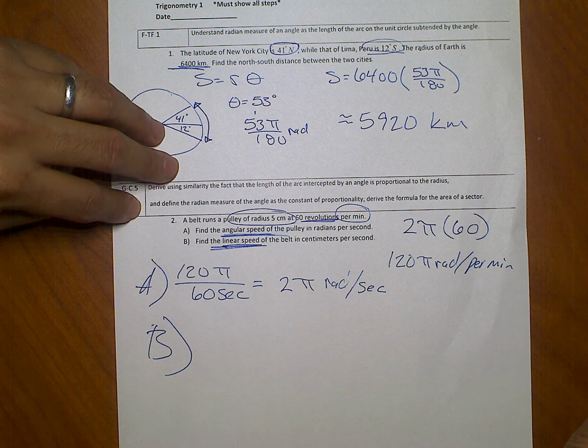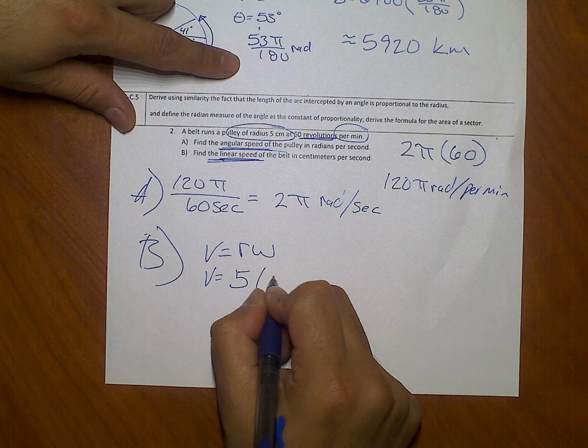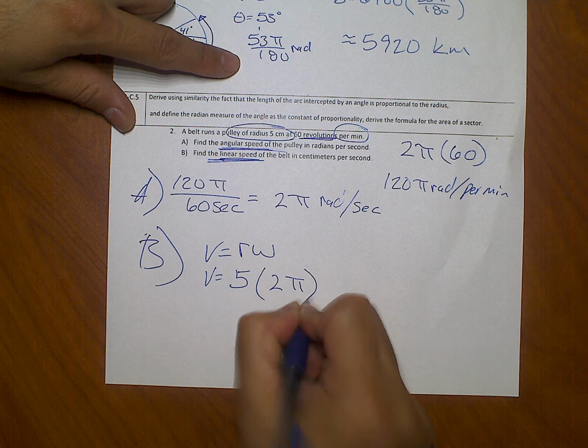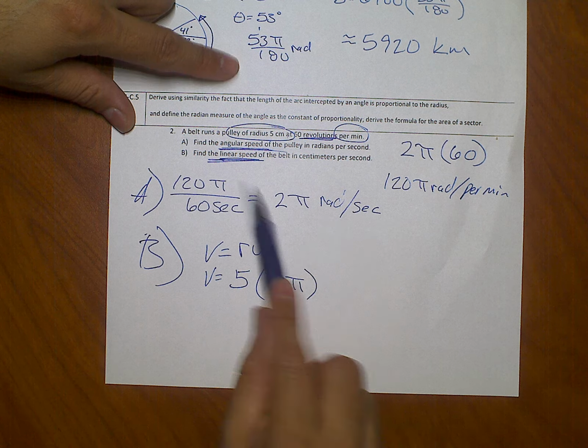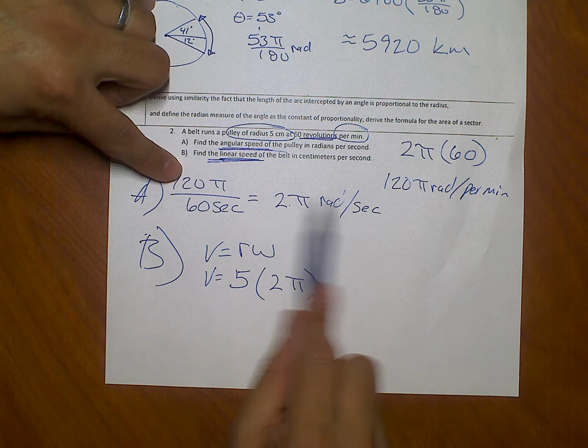I'm going to go ahead and start plugging in. V equals R, which is 5, and W is 2 pi, because this is my angular speed, and my radius is right up here. So I come up with V is 10 pi.